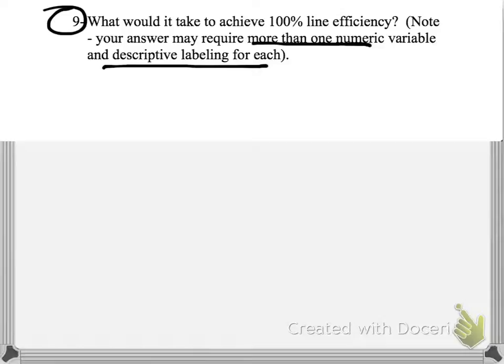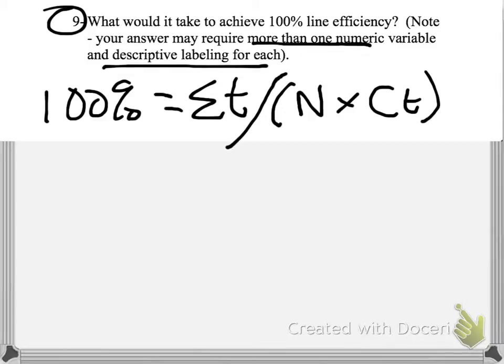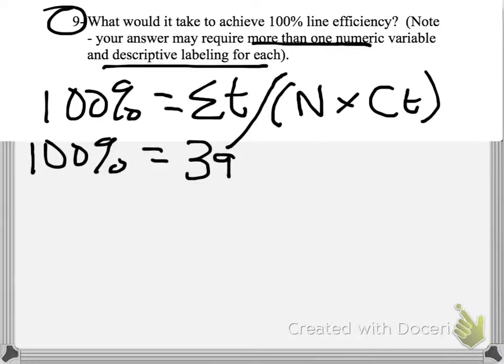So, line efficiency at 100%. 100% efficiency would equal the sum of our task times divided by the number of workstations times cycle time. So we know that 100% needs to equal 39 minutes, because that was our constant of our sum of our task times.